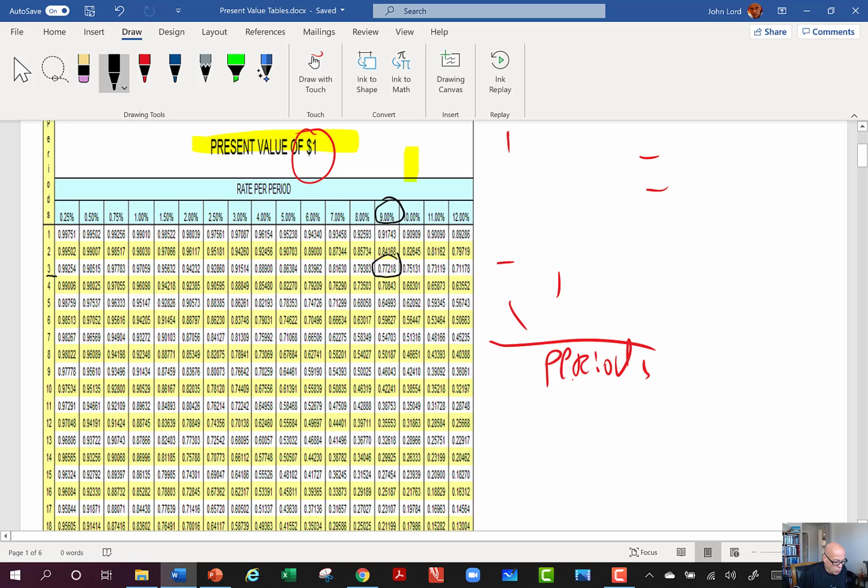For the principal, $550,000, we imputed an interest rate of 8%. So I know I'm going to be here, and it was 5 years. Here's my 5 years, 8%. That gives me 0.68058.